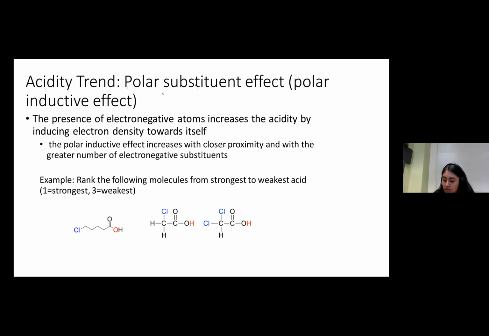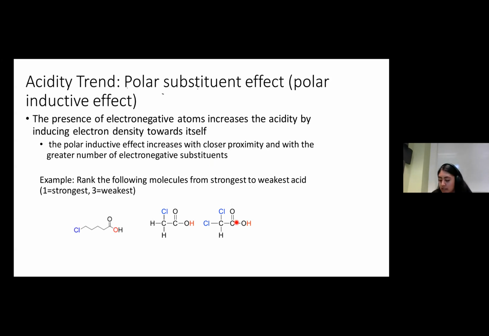Okay. So the presence of electronegative atoms, what they do is induce electron density towards itself and then stabilize the charge once the molecule reacts, right? And we know that a stabilized conjugate base is more acidic. Just to add to that, when there are more of these electronegative atoms, such as more Cls, such as right here, that's going to increase the effect, right?